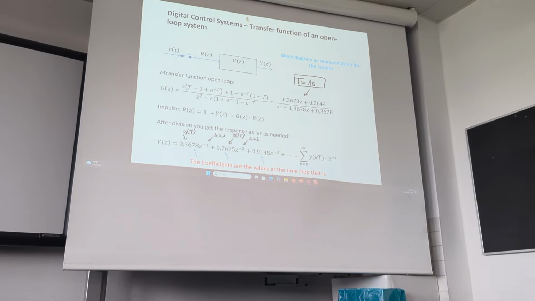And this expression, if you perform the polynomial division, then you get an infinite sum of terms where you can identify the coefficients as the values and the exponents as the multipliers of your sampling period capital T, which is in our case now 1 second.